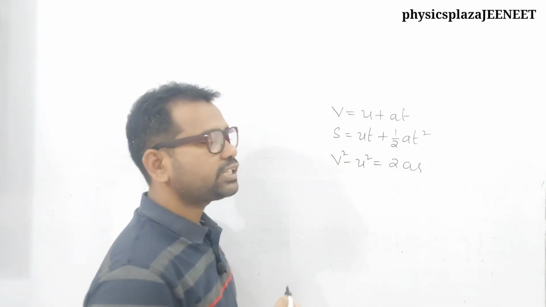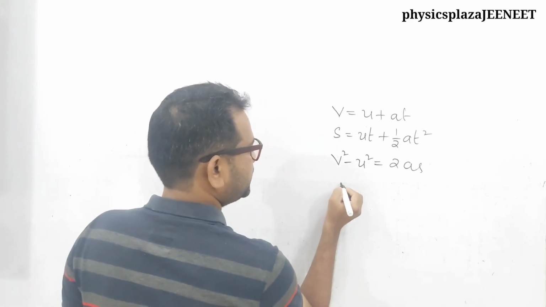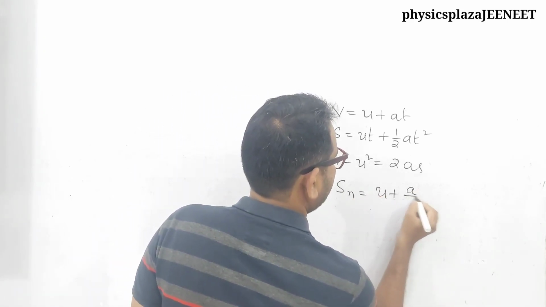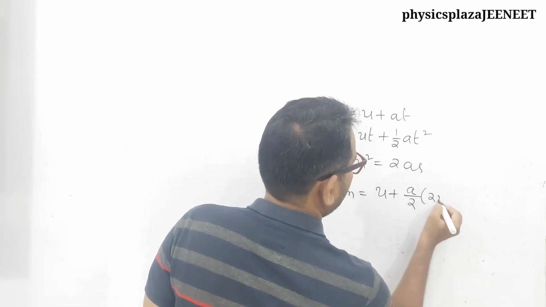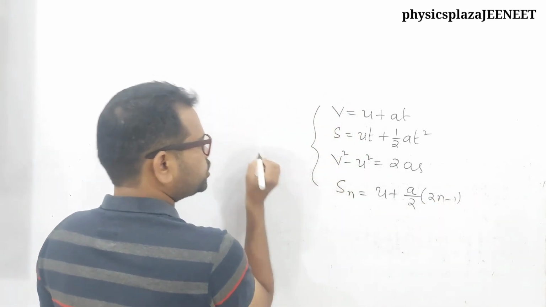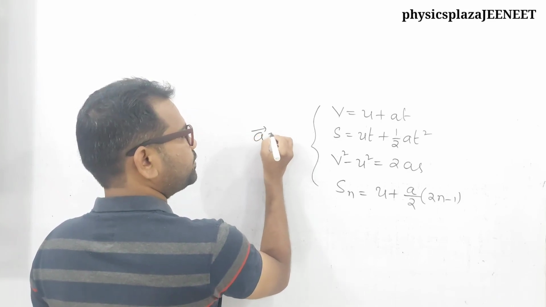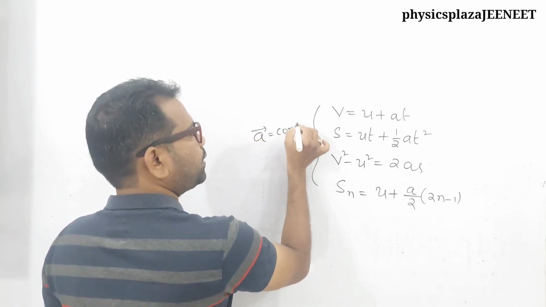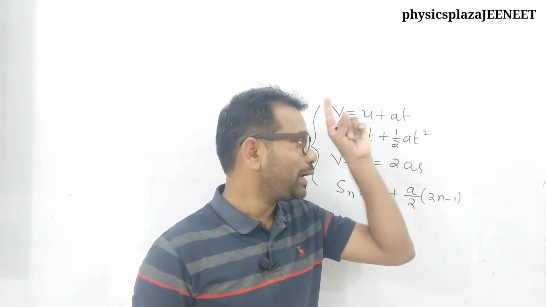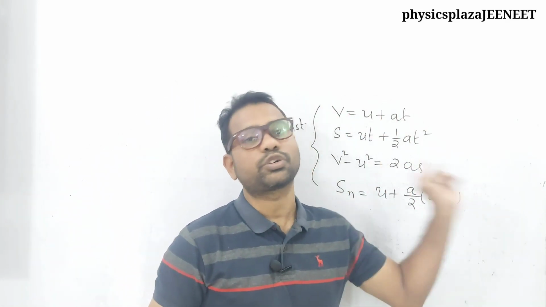And the special one, the distance travelled in the nth second: S nth is equal to U plus A by 2 into 2n minus 1. Children, strictly these equations of motion are applicable only for an object moving with uniform acceleration. That is, acceleration must be constant, then only we can apply these equations of motion.